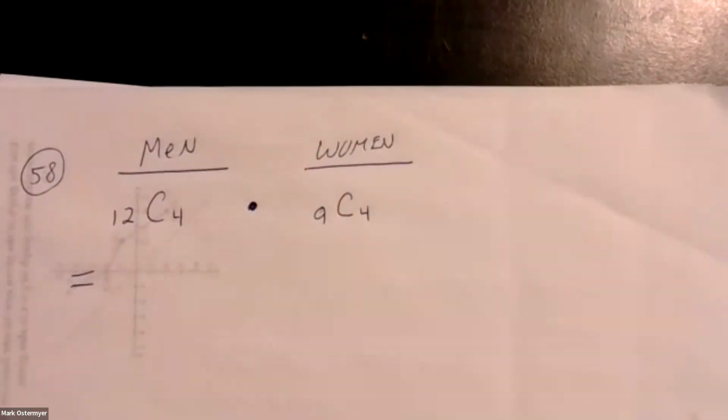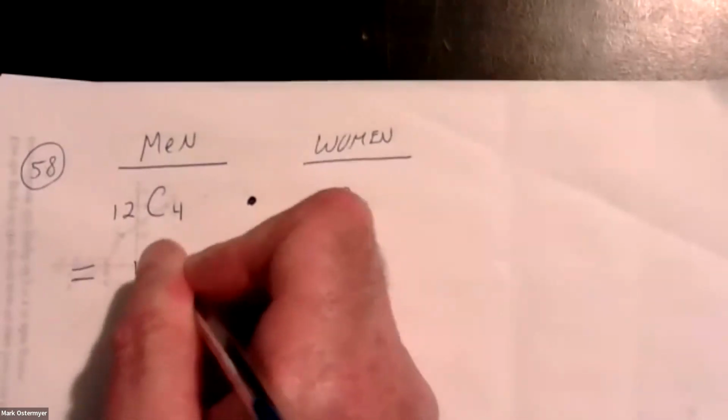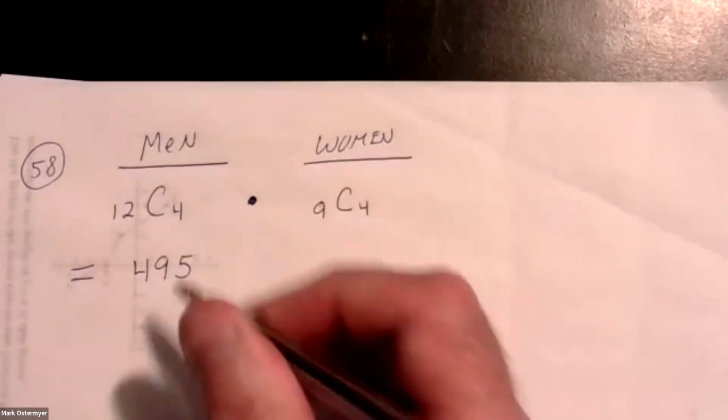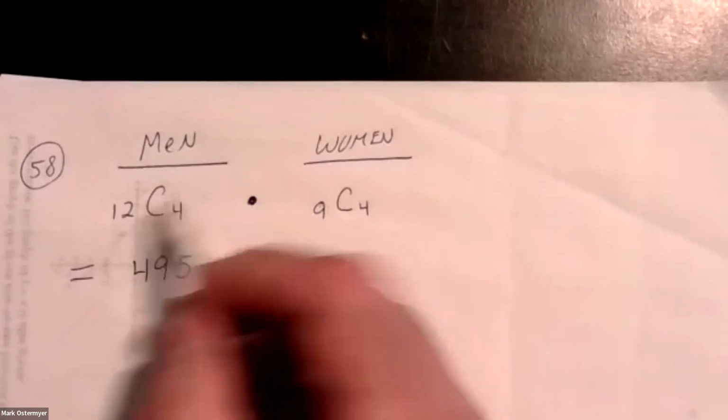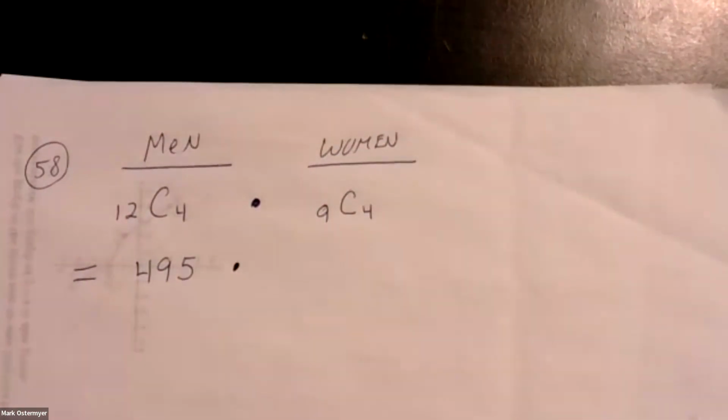So here we go. Let's dial that up on our calculator. This is going to be 495 possible ways of forming a 4-person committee with all men on it, if we choose from 12 men. How many ways to form a committee with 4 women, choosing from 9 women if order does not matter?